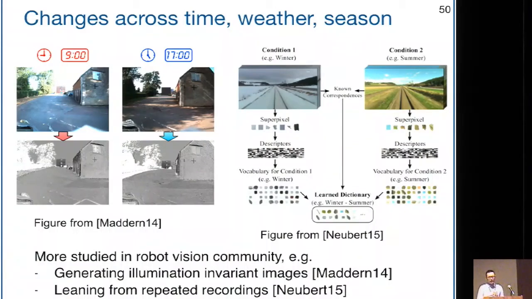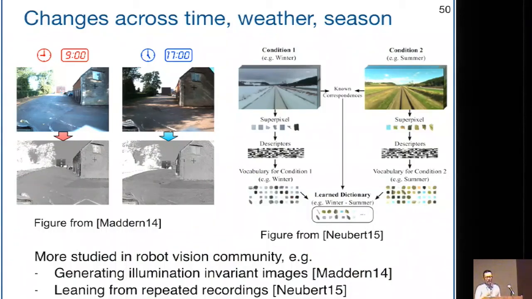For example, one work generates illumination invariant images by converting RGB images to a kind of illumination-free image using the sensor information. Another work uses repeated recording of the sequence of images across the seasons.